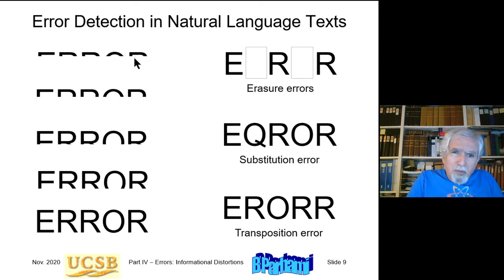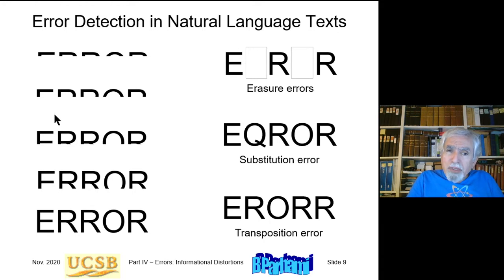You don't know what it is. So this is an error. This is basically an erasure. It has been erased. Okay? As you show more and more of that word, at some point you realize that this word is error, even though still you don't have the entire word.